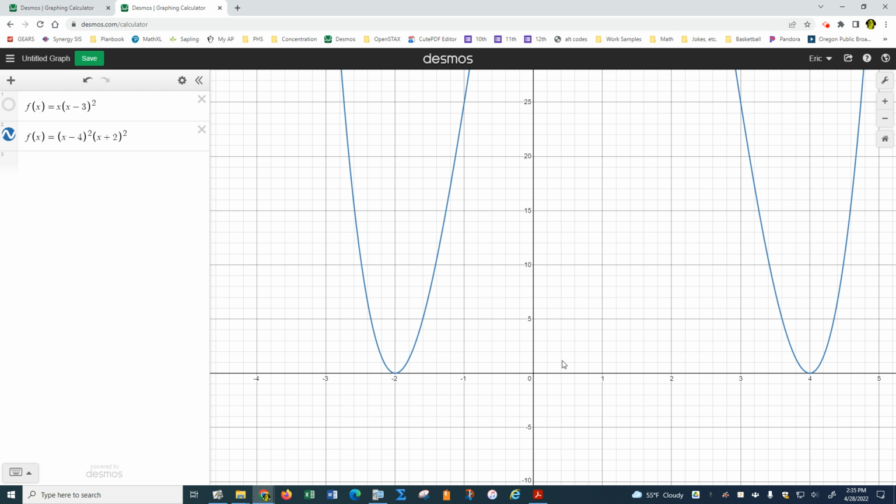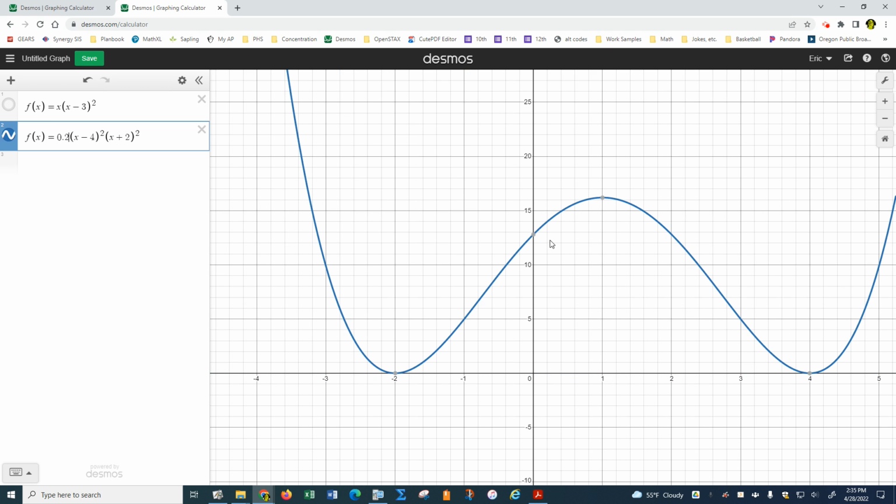So there's my function so far. I'm going to tame this a little bit and multiply it by 0.2 so we can see it better. What if I make that cubed instead of squared? What's it going to do to that x-intercept at -2? Anybody have an idea?